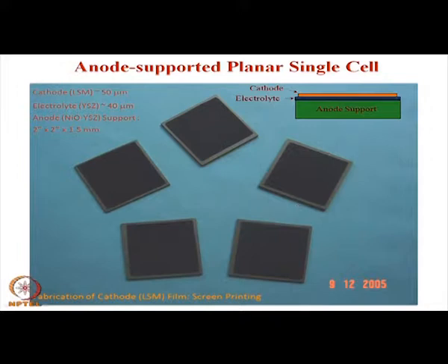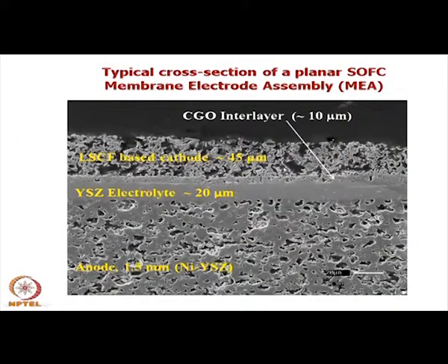So, this was prepared in CJCRI and I had some pictures of that. I have shown you this earlier. This is the typical microstructure of the cross section, as we discussed earlier, that the anode as well as the cathode is a porous structure, and in between you have a dense YSZ electrolyte.